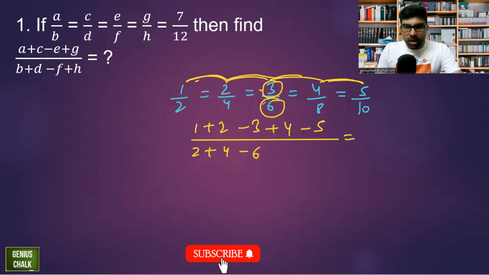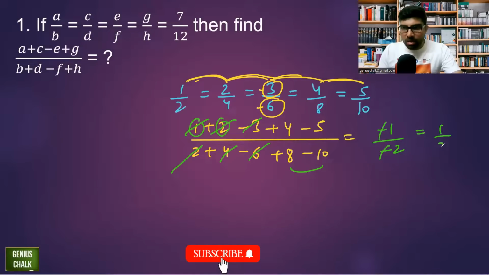Whatever operation I'm doing in the numerator, the same has to be done in the denominator. So this is plus 8 and this is minus 10. Now if you add, you get 1 plus 2, 3, 3 and 3 cancel. So 4 minus 5, it is minus 1. Again 4 plus 2, 6, and 6 cancel, and this is minus 2. And again you can see my answer is 1 by 2.